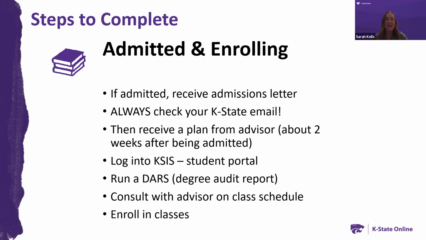You'll also be able to run a DARS report, and a DARS is your degree audit report that tells you how your classes transferred in and also what is left to complete within your degree. So that's something that will be very handy and important for you to use.